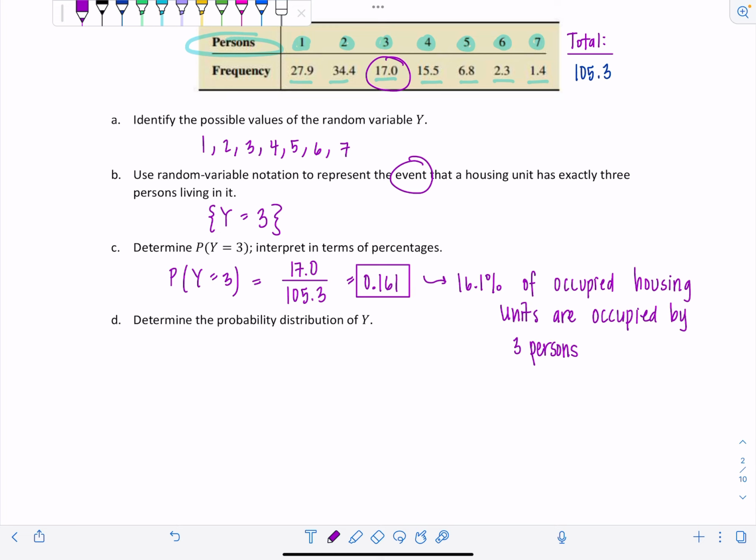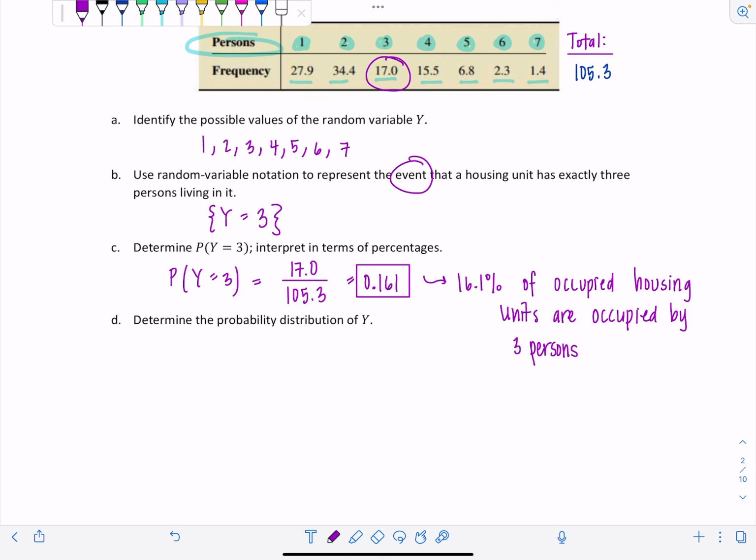And then last, they want the probability distribution of y. To get the probability distribution, I'm going to take each of the frequencies and divide by the total, 105.3. I already did it for y equals 3, but I've got to do it for the rest of the values.